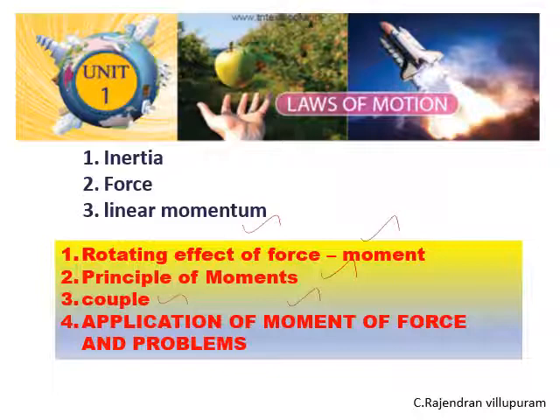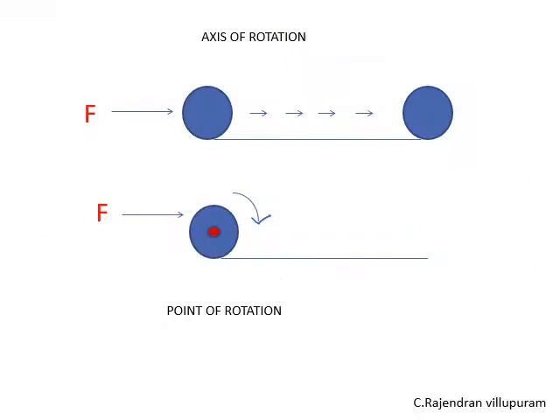Okay, so see this picture. What does this picture show? There is an object here, and a force is applied to this object. Due to the application of force, the object moves in this direction, as shown by the symbol.